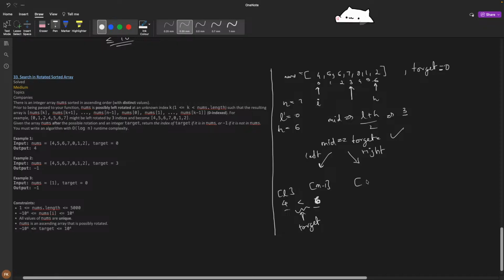And here is also a case where mid plus 1 is less than the value at high. Here it is 0, here it is 6. If my target falls between this, I take this part, right?